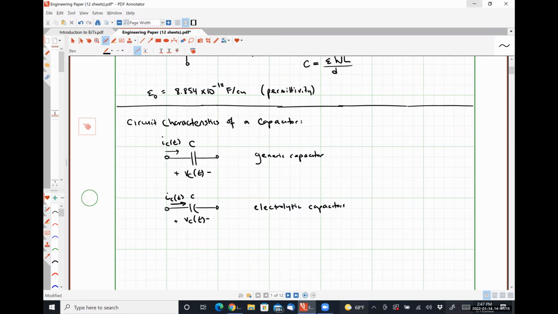And so for one of these electrolytic capacitors, if you install it in a circuit the wrong direction, meaning if you apply a positive voltage to the negative polarity terminal, it actually causes the device to fail. It'll literally pop.